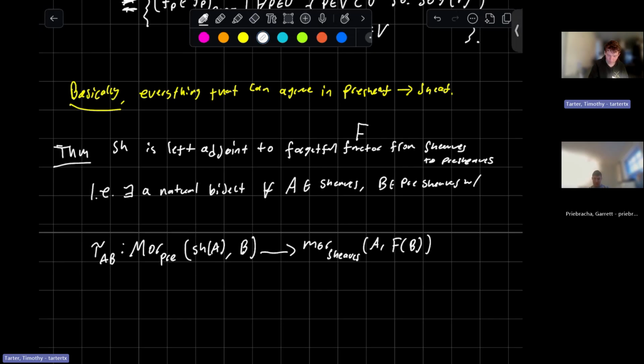Sheaf goes from pre-sheaf. I switched them up.